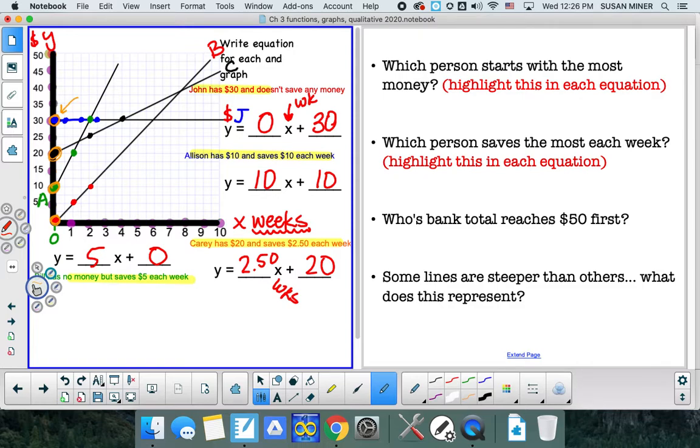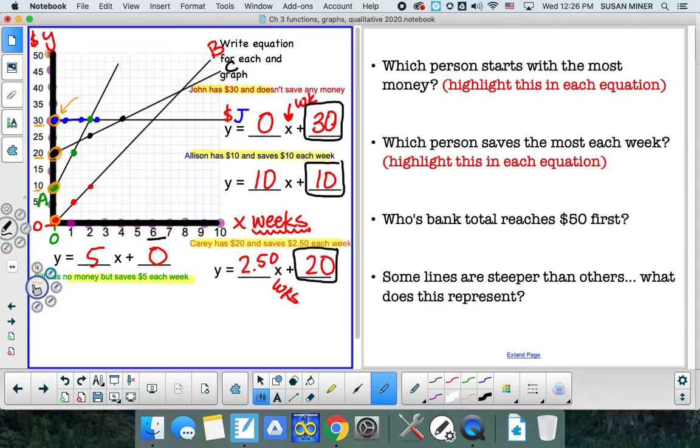Well, now let's compare it in the equation. Where do I see these numbers? 30, 20, 10, right? Where do I see 0? This one over here is at 0. So where do I see these numbers in the equation? Oh my gosh. It's the second number in the equation. It's my starting amount.